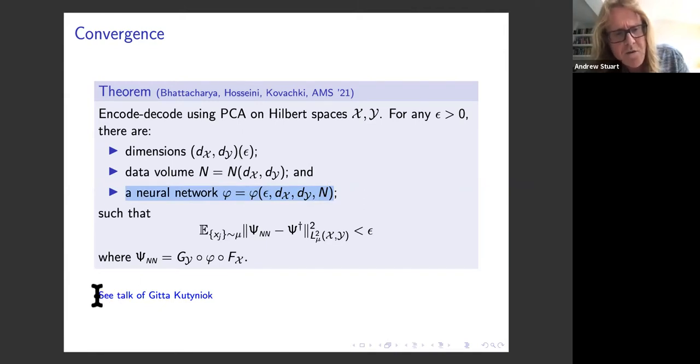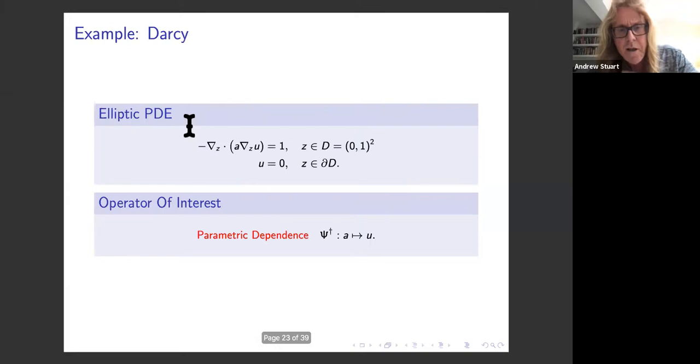I would like to refer you to Geeta's talk, which is coming later, which gets into these kinds of questions about the complexity of the network for model reduction problems of this type in much more detail. But this theorem shows in any case that the method is plausible. And in practice, we find it works.